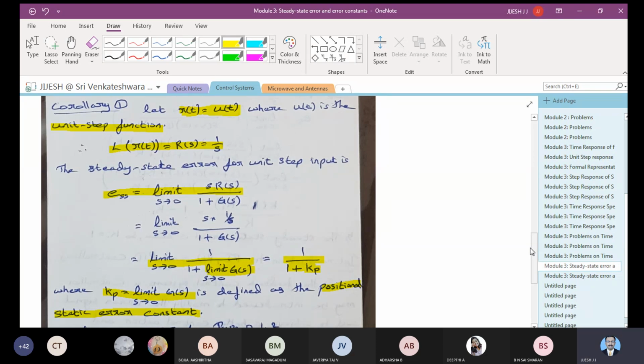Yes, sir. It is just simple substitutions. We have not done anything great here. What you have to remember is, for a unit step function, ESS is 1 divided by 1 plus kp, and the equation for kp is limit of s tends to 0, g of s, which is known as the positional static error constant.